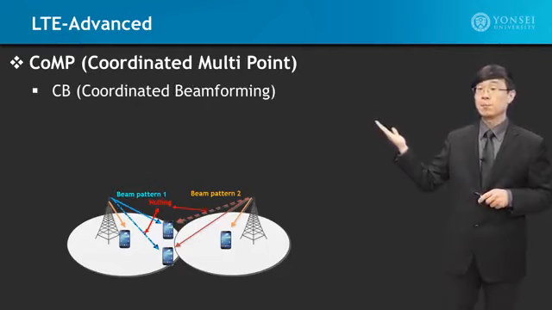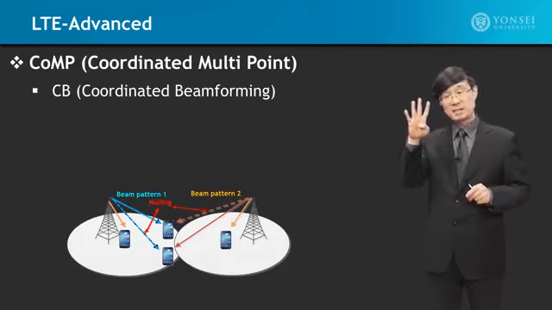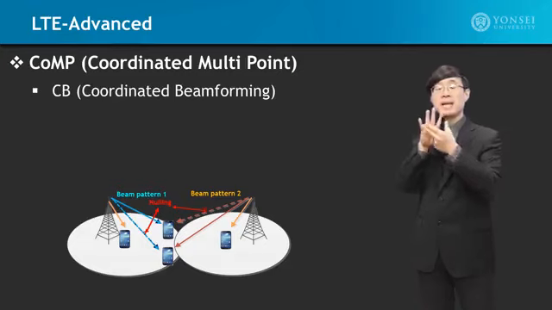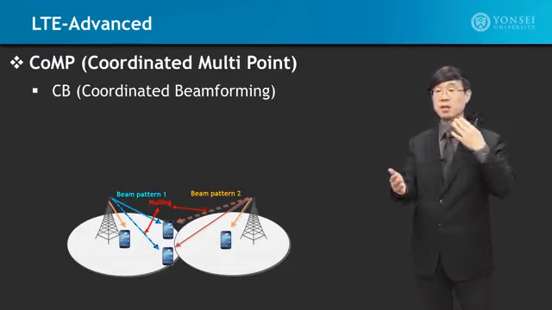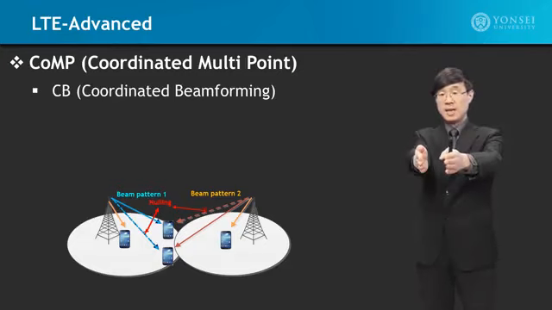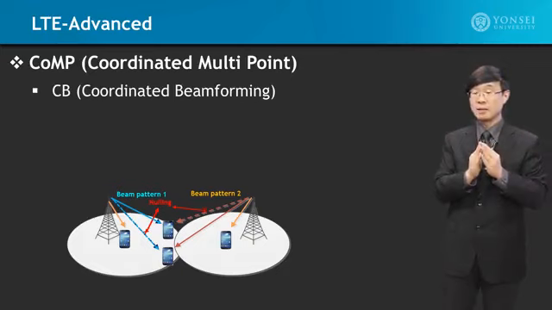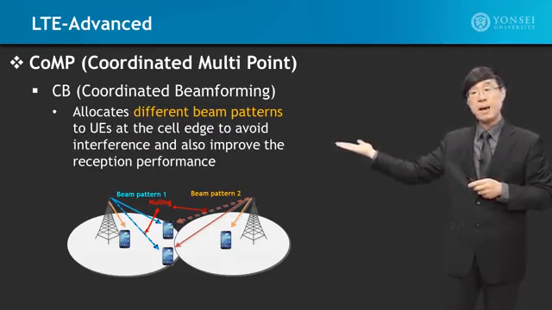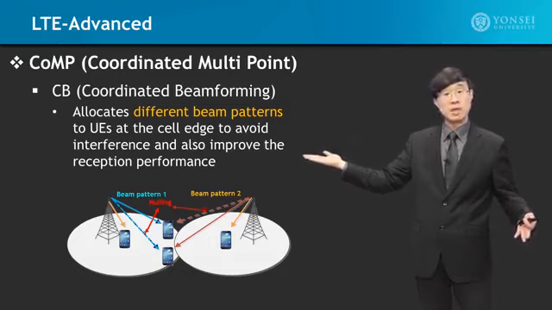Then we have CB, Coordinated Beamforming. Once again, we are using multiple antennas, an array of antennas. And when you have multiple antennas, you can do beamforming. You can make it a directional signal, where instead of omnidirectional spreading of the signal, you can use multiple antennas to focus it into a beam, a wireless radio frequency beam. That is what we mean by beamforming, but it's coordinated to serve a purpose, like this, where you allocate different beam patterns to UEs at the cell edge to avoid interference and also improve the reception performance.